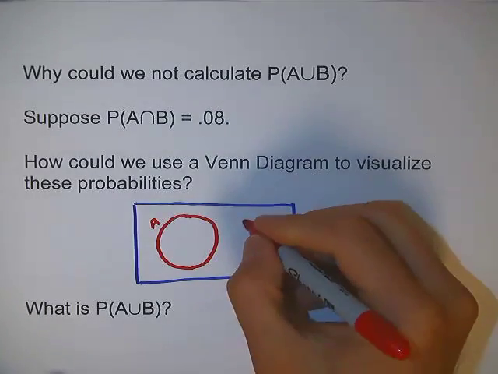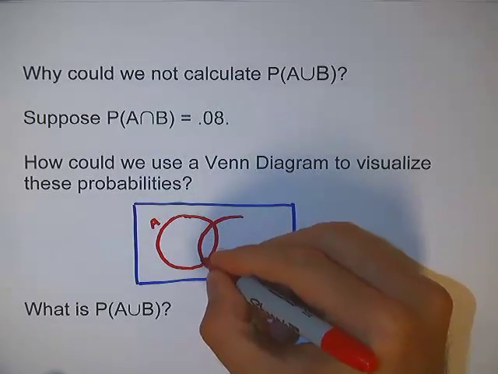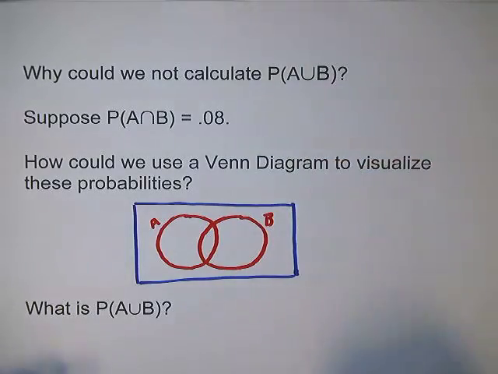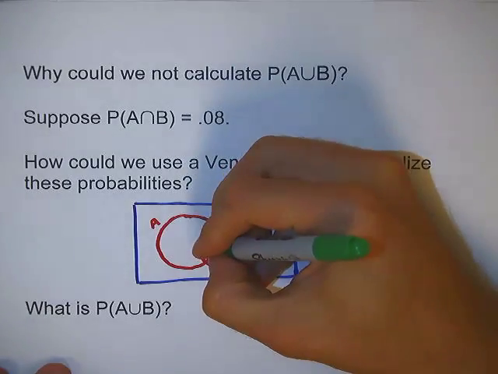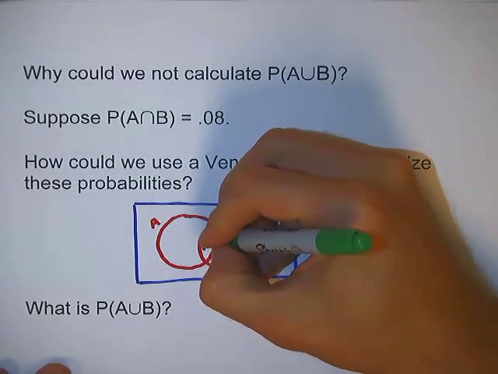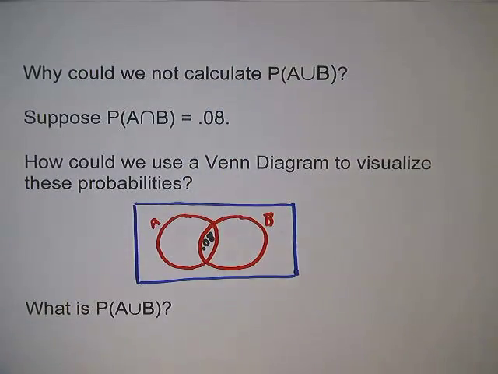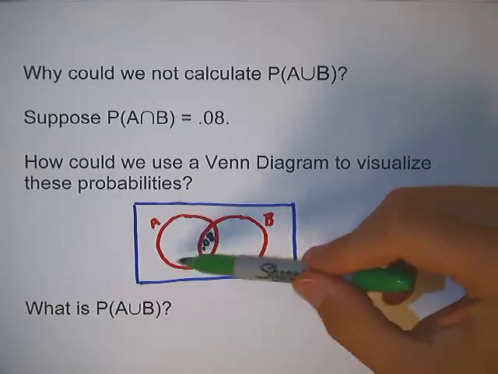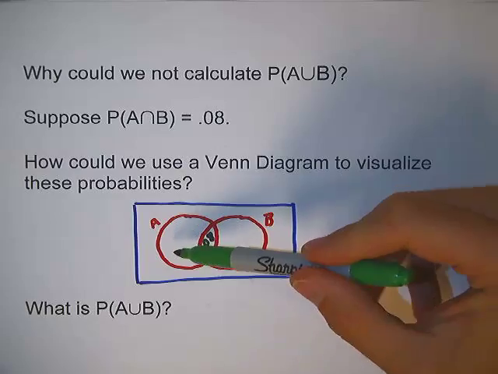Since there is an overlap, I'm going to draw the circles overlapping. So this is going to be psychology. We're going to put the 0.08 in the overlapping region.